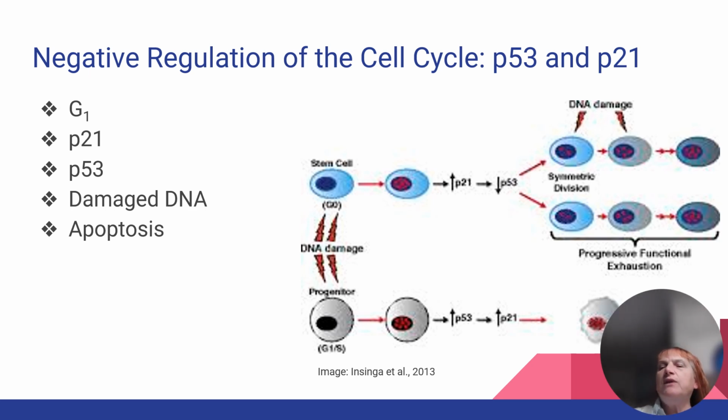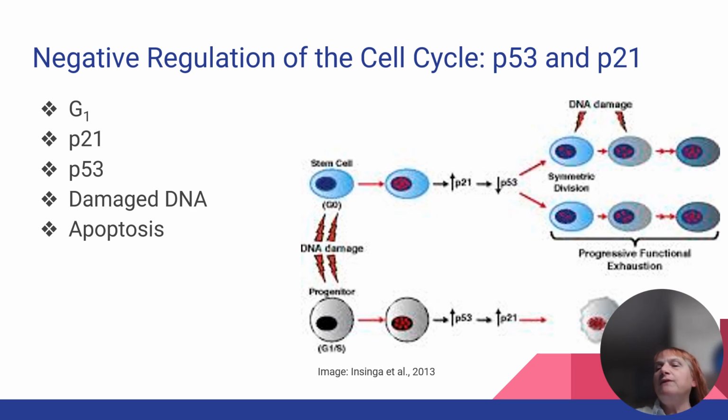As levels of P53 increase, it'll trigger the production of P21. P21 is the enforcer for the halt dictated by P53. This is done by P21 binding to and inhibiting cyclin-CDK complex activity.